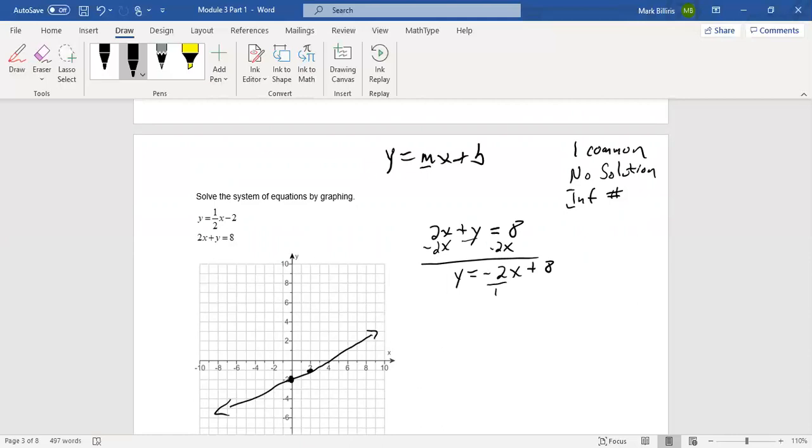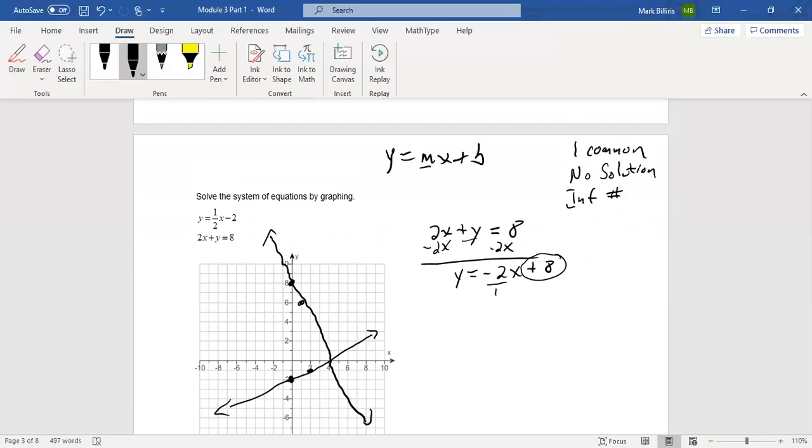So here we begin at our y-intercept, which is +8. And our slope, the change in the rise, is -2 over +1. So from +8, we go down 2 and over 1. So again, what we're going to do is draw our line.